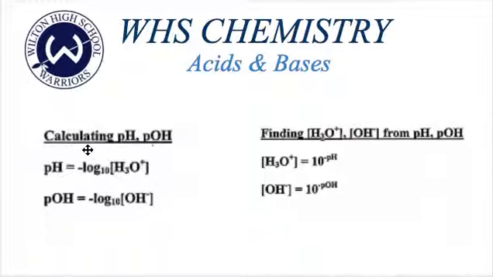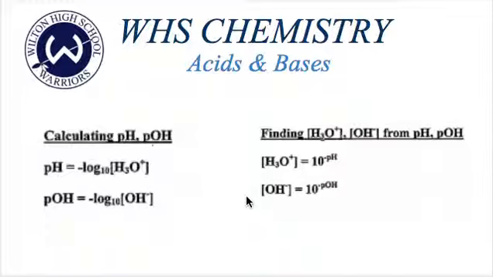If you're given pH or pOH and you want to find the concentration of the hydrogen or the hydroxide ions, let's look at finding the concentration of hydrogen ions. You're going to take your pH and do 10 raised to the negative pH, whatever that number was.